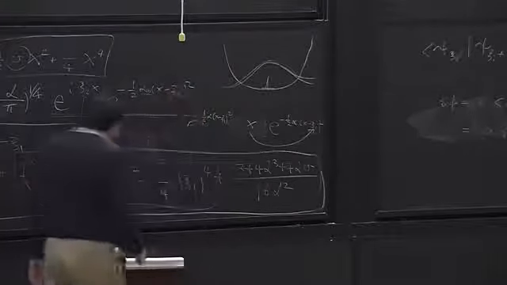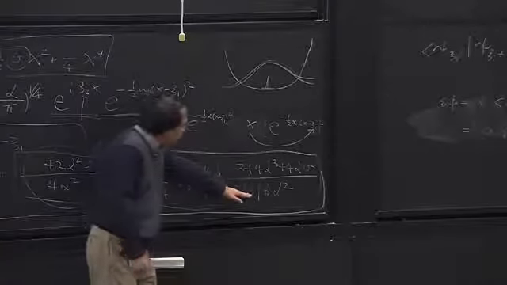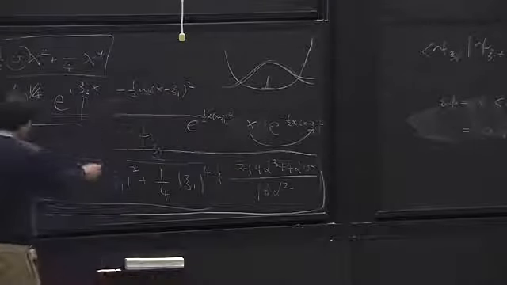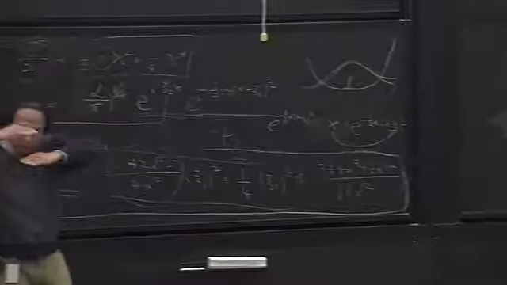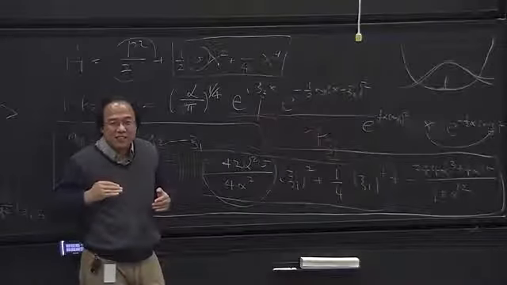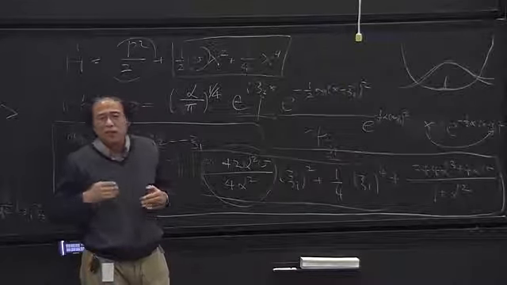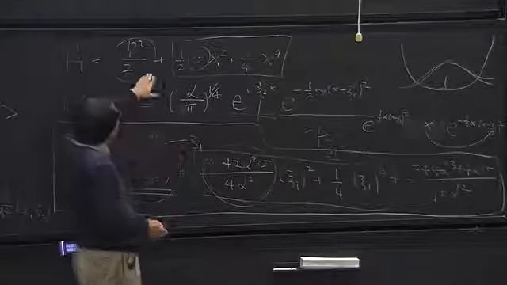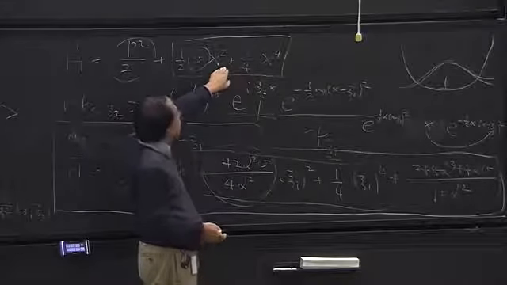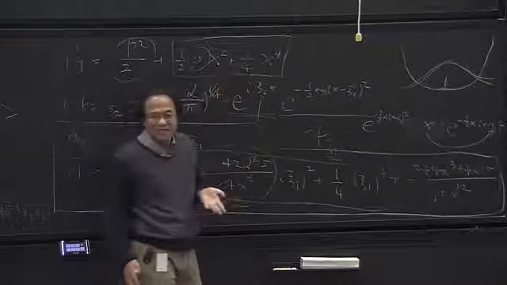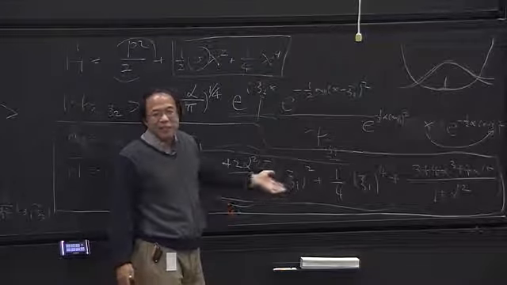However, knowing the constant term and knowing this spring constant, we even know the first excited energy. Usually it's hard to calculate, because to calculate the ground state or excited state of a harmonic oscillator, we have to diagonalize a big matrix. And here we didn't do that.